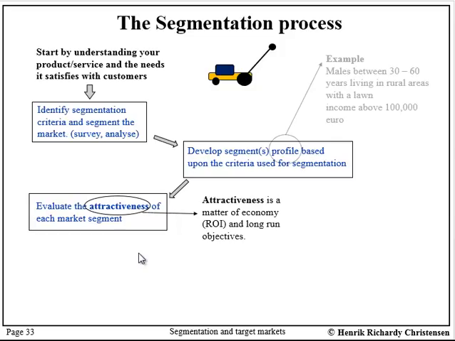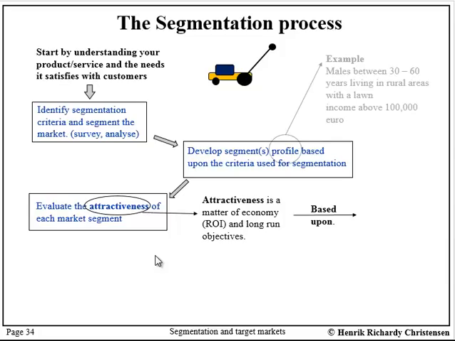Well, for most companies, more or less all companies, attractiveness is a matter of return on investment, ROI, and their long-run objectives. And then how do we calculate that? How do we put numbers on economy, the return on investment?